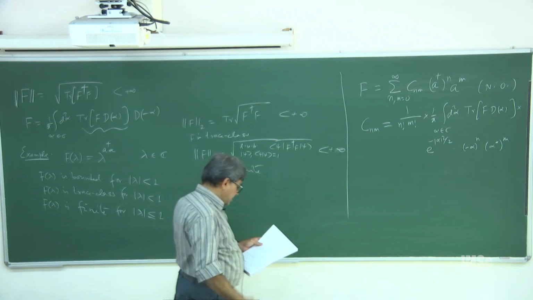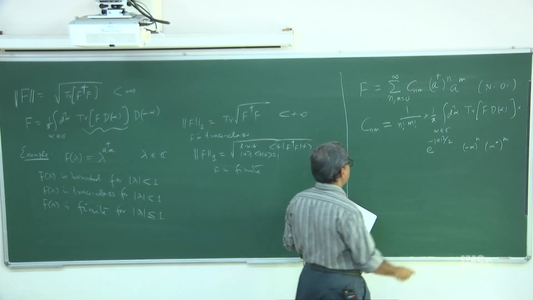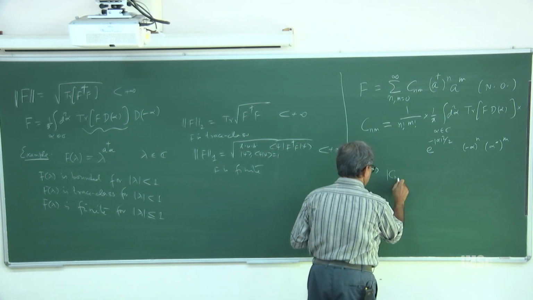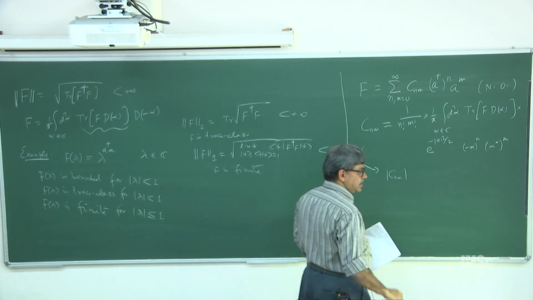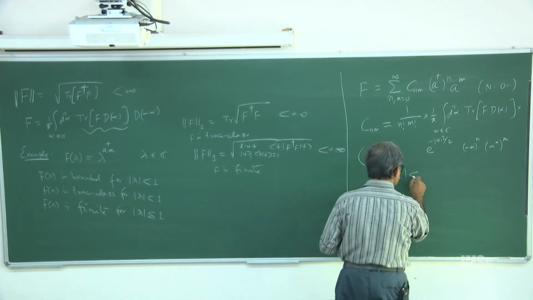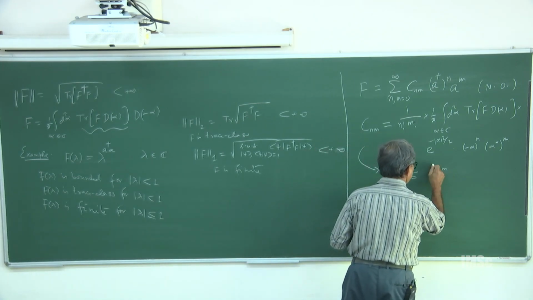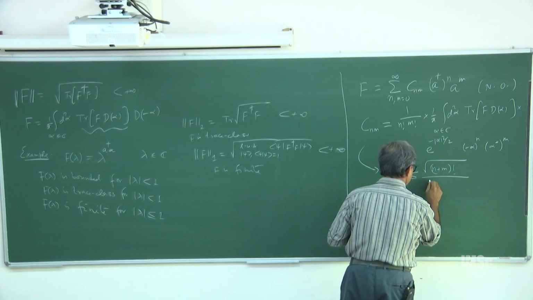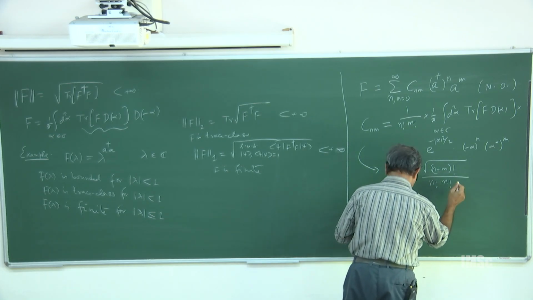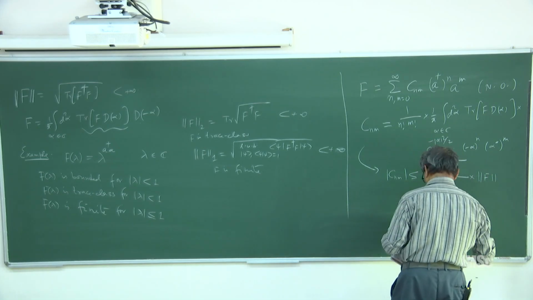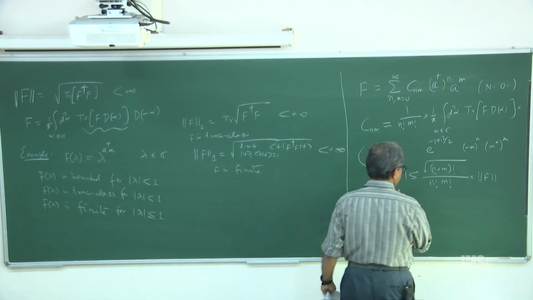Generically, what you can show is that these coefficients are bounded, in the sense that this is the square root of n plus m factorial divided by n factorial m factorial, into the Hilbert-Schmidt norm.